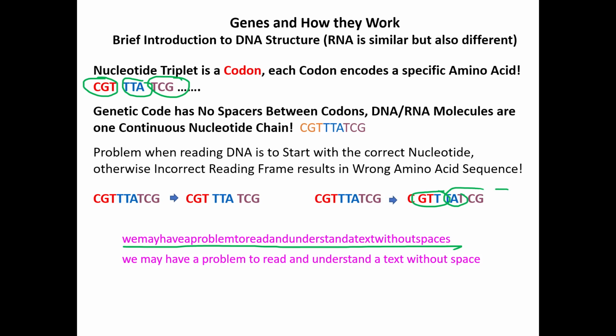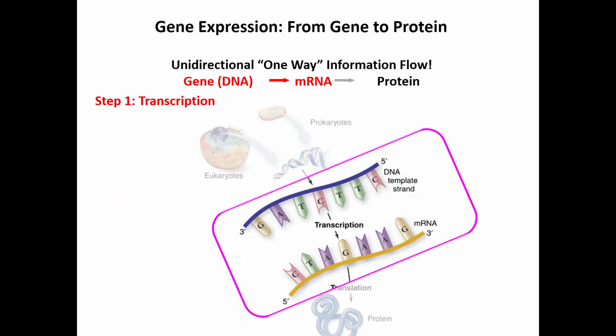And there are several mechanisms in place to make sure that during gene expression the DNA, and later also the RNA, is read in the one correct sequence of nucleotides.